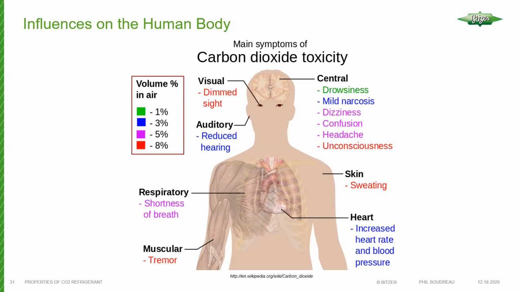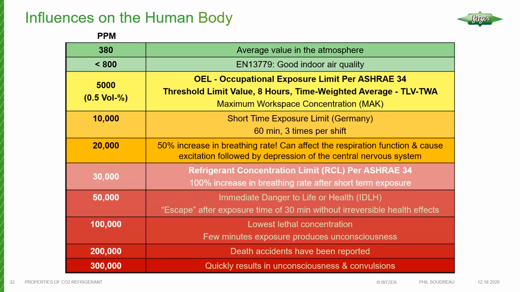And at 8%, things progress: dim sight, unconsciousness, sweating, things like that. That's why it's very important that we have mechanical rooms set up with protection against these high levels of CO2. And that's why the codes and standards exist.